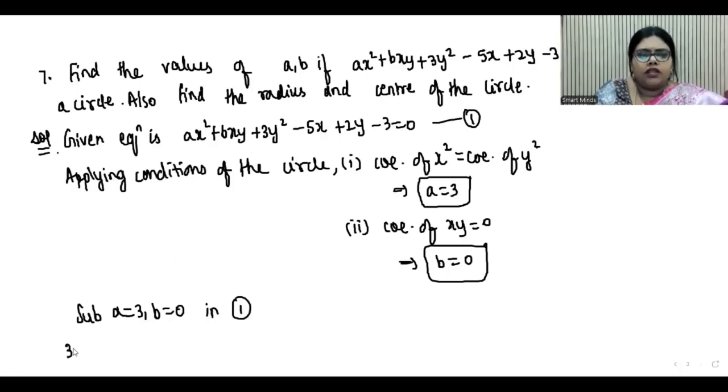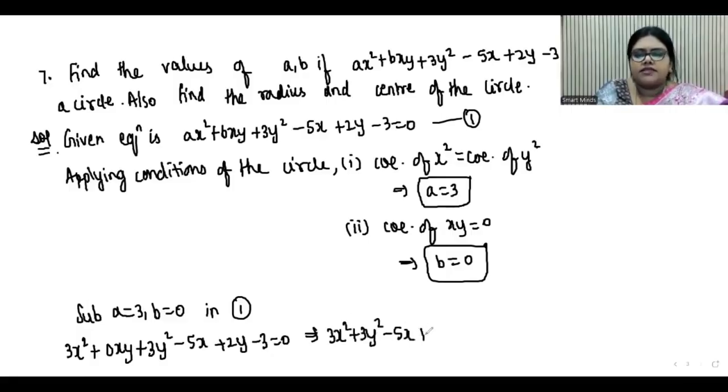So you will get 3x² + 0xy + 3y² - 5x + 2y - 3 = 0. So you will get 3x² + 3y² - 5x + 2y - 3 = 0.